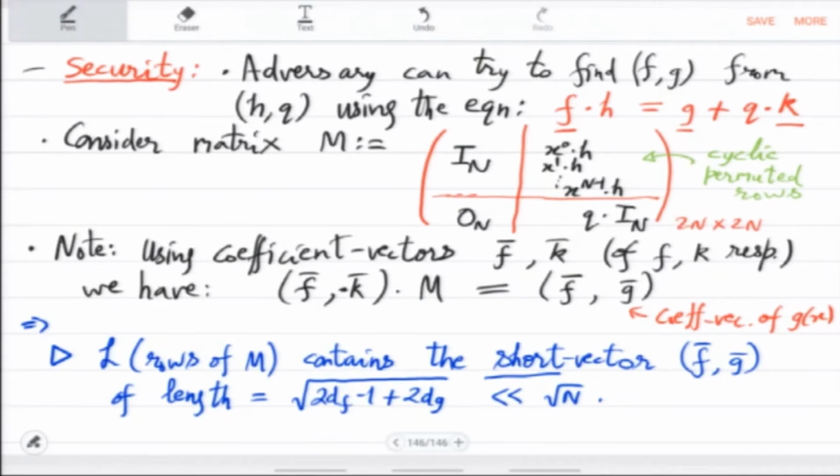In terms of the dimension of the ambient space, this is actually a short vector contained in the lattice that the adversary knows. So the adversary can try to use LLL to approximate the short vector and hopefully get f, g.